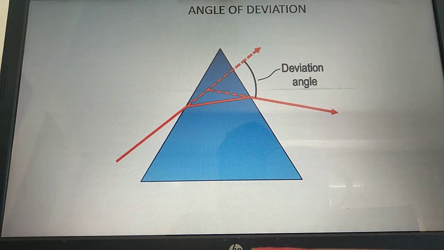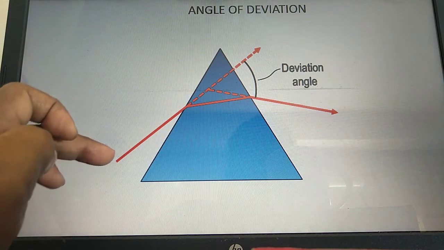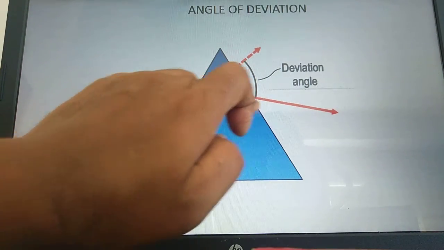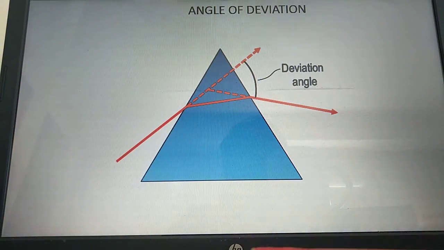The special characteristic of the prism is that when light passes through it, there is deviation of the light. Here this is the incident ray, this one is the refracted ray, and this one is the emergent ray.